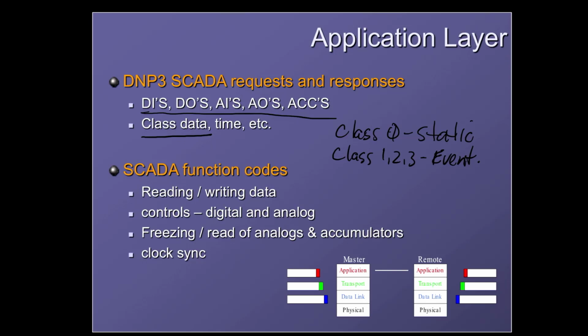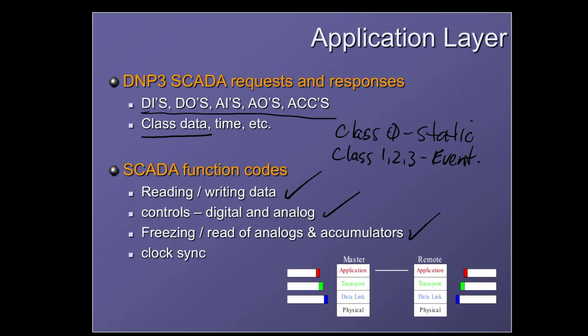Or we're looking at writing a value to an analog output as a set point or a digital output as an on-off value. Okay? So when we look at the application headers, where we're going to find the reading and writing functions, we're going to find the direct operates and the means of setting values to a set point or on-off controls.